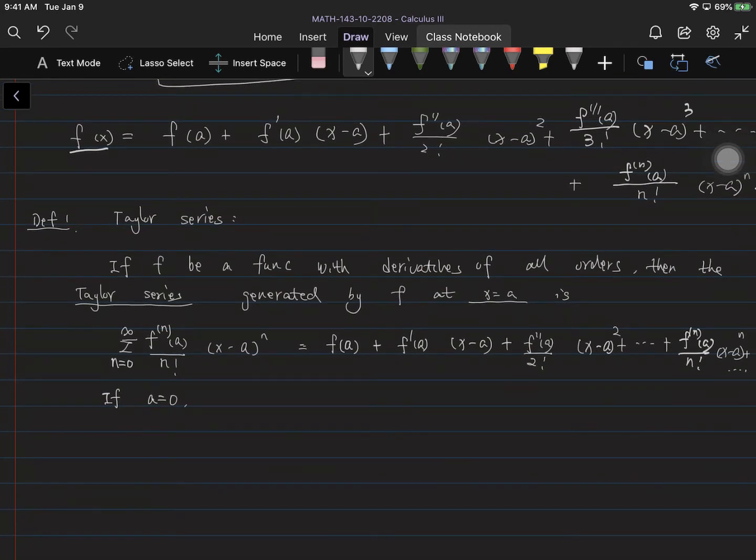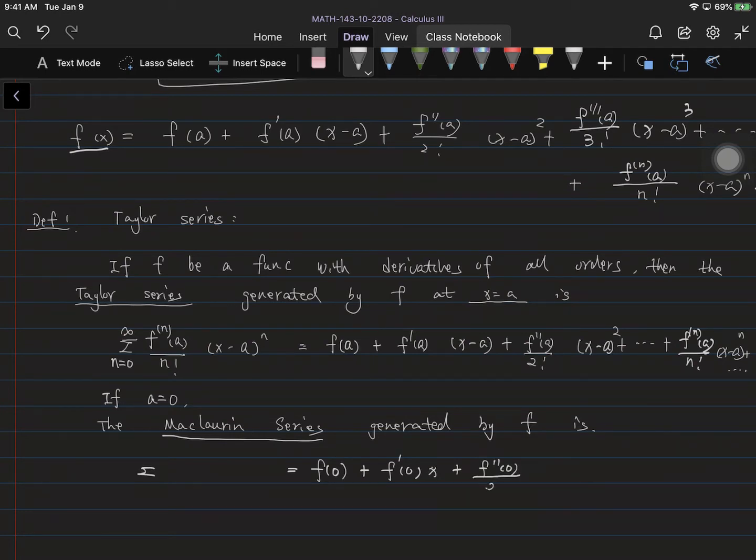So the Maclaurin series generated by f is this way. It's just f(0), f prime(0) times x, f double prime(0) times x squared over 2 factorial, and so on.